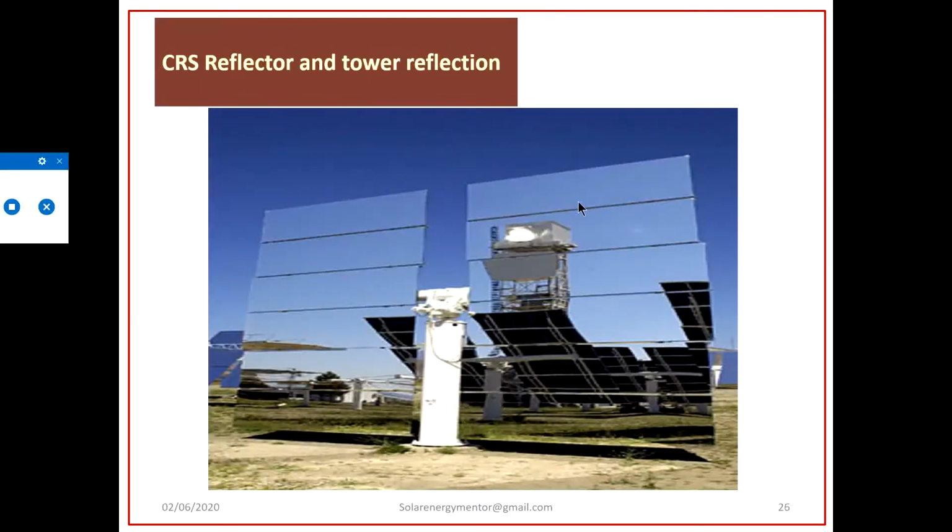Just to have an idea of the size of the heliostat, you can see this is a heliostat. Now you can see here this is a reflection in this mirror. This is a mirror. Okay, and then this is a reflection in the mirror of a tower on which the solar radiations are focused. You can see the pole here on which this structure, on which these mirrors are mounted, and then the autonomous tracking mechanism here.